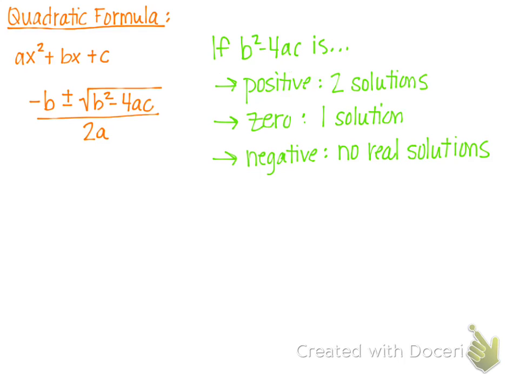So as we're doing these, we're going to talk about what b squared minus 4ac is and how it will affect our solutions. This is actually called the discriminant. The discriminant. Let's jump into some examples where we're going to use the quadratic formula.